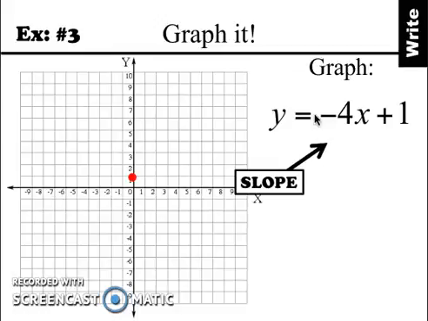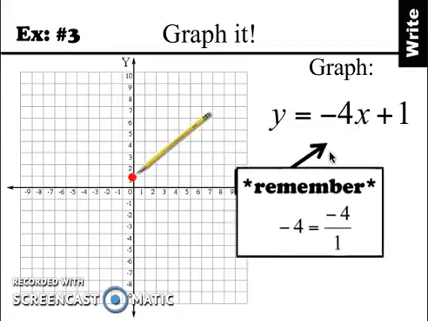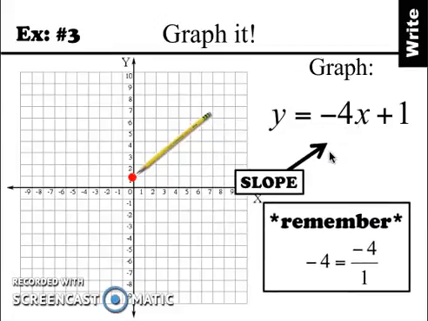But wait a minute, you don't have a number at the bottom of 4. So we add a +1 to make it a fraction. So we know that we're going to move 1 unit to the right. So when we have a constant that is not a fraction, we make it a fraction by adding a +1.